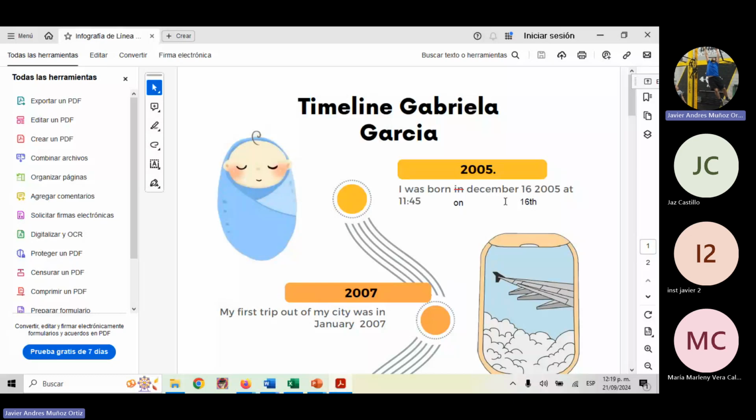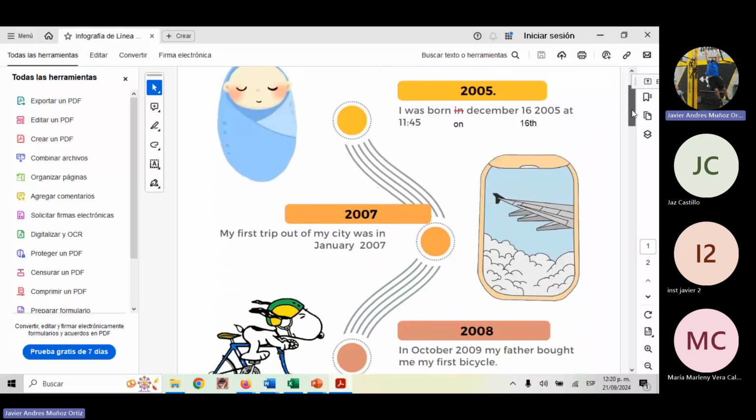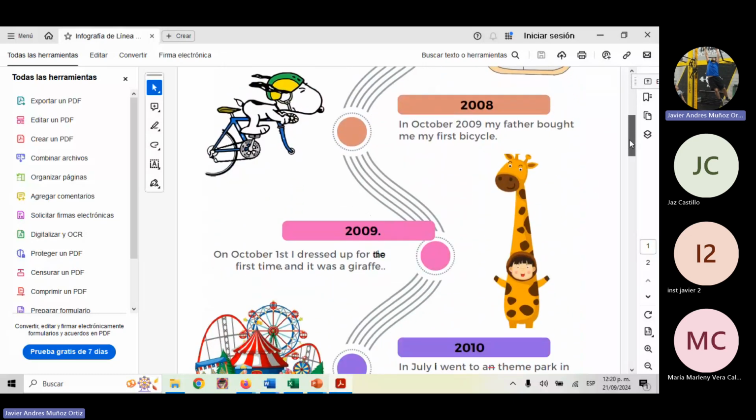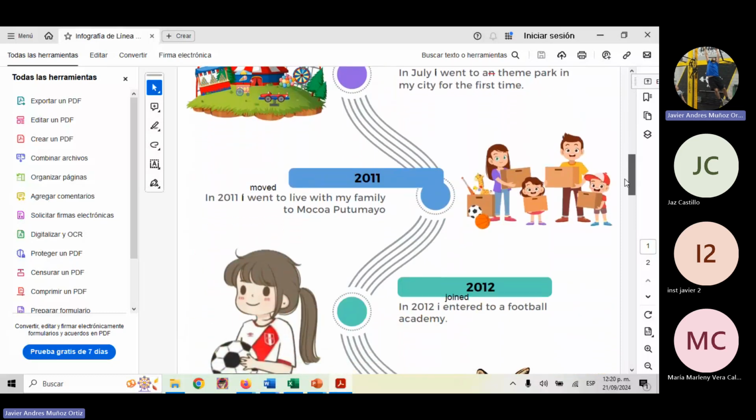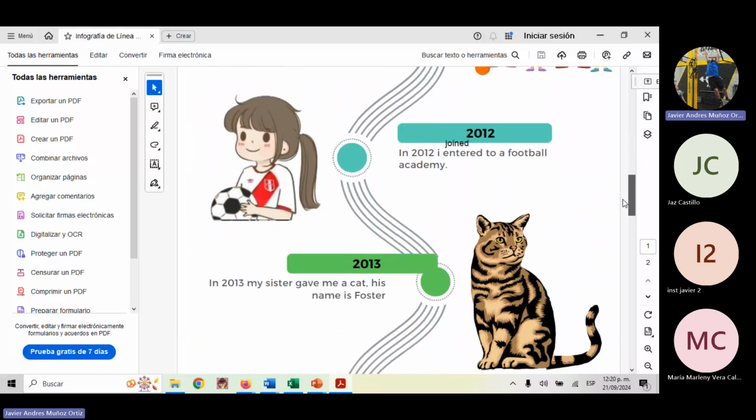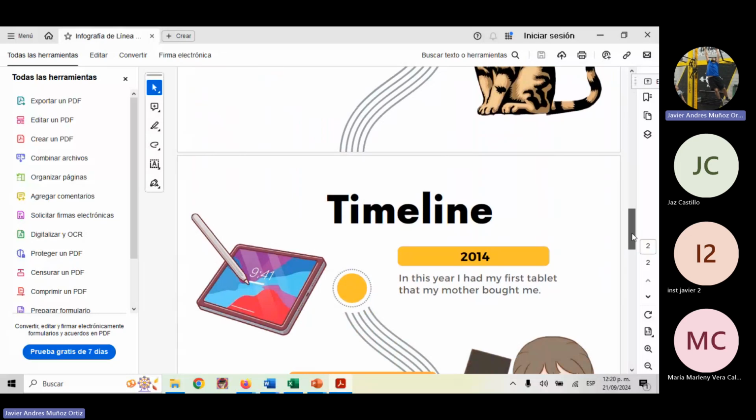In this case, the most important part you're going to use to create this activity is the simple past tense with regular and irregular verbs in affirmative sentences. Therefore, negative sentences and questions in simple past tense are not going to be very useful in this case, but if you want to use them, that's great.